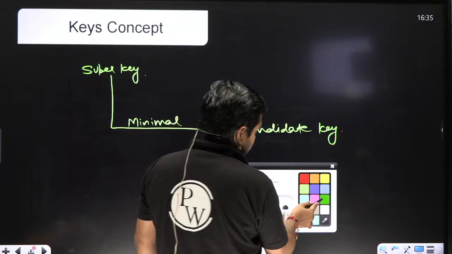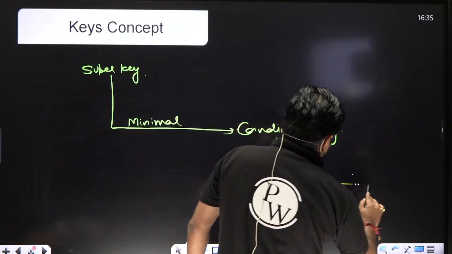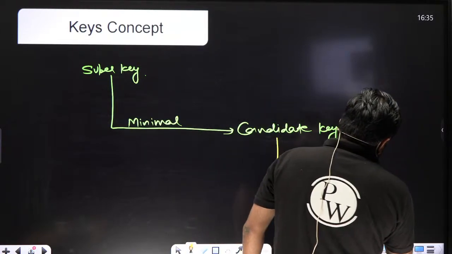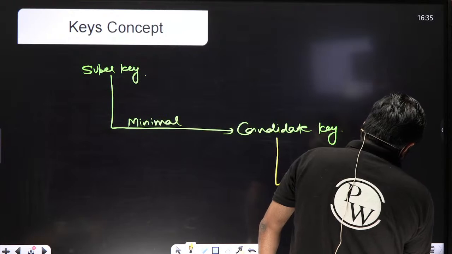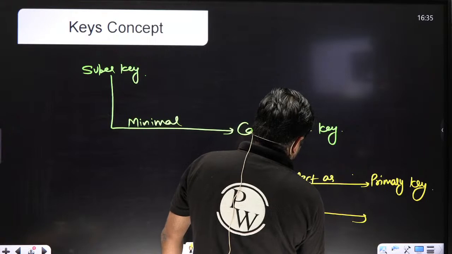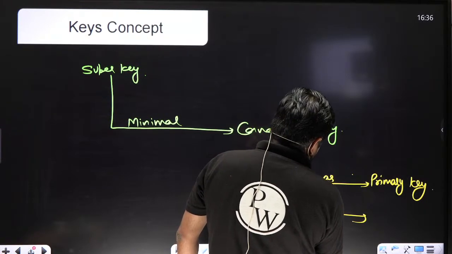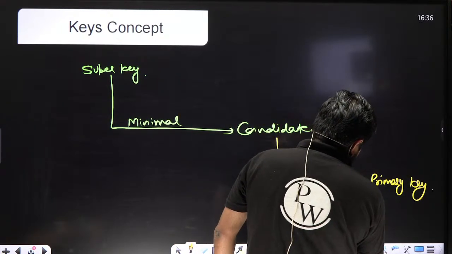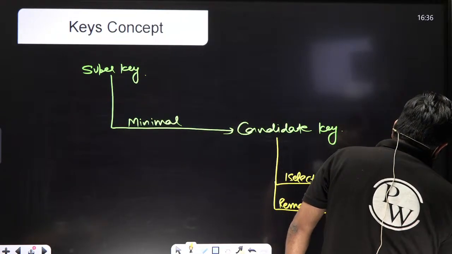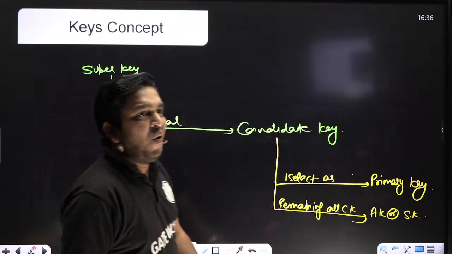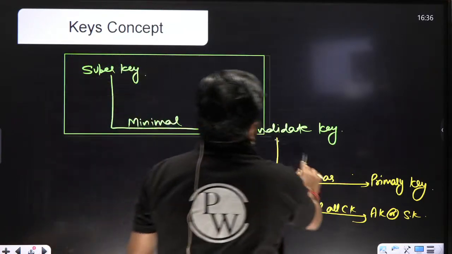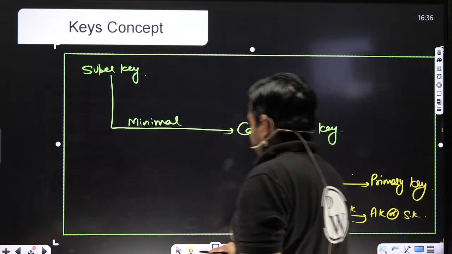From the candidate keys, one is selected as the primary key, at most one primary key, and all the remaining candidate keys are called alternative keys or secondary keys.